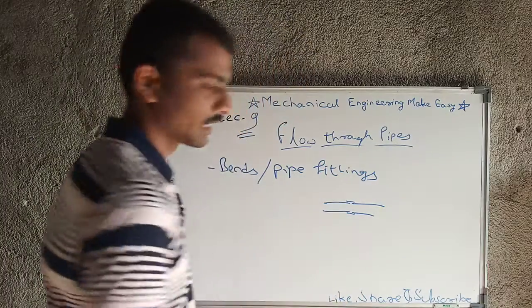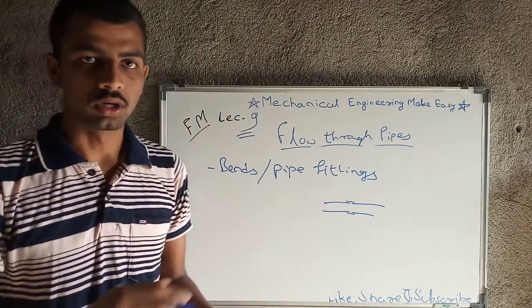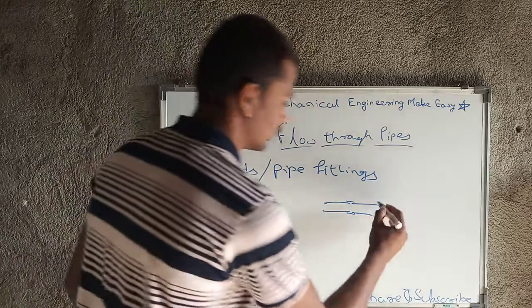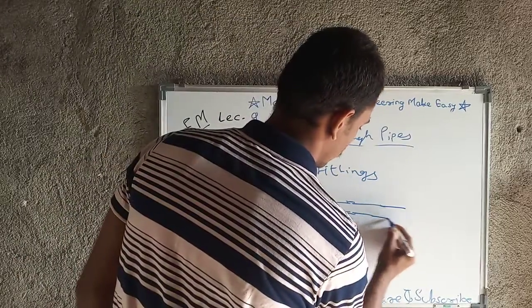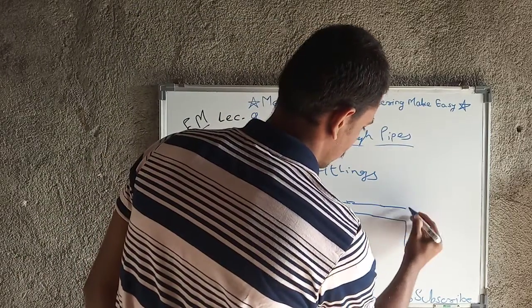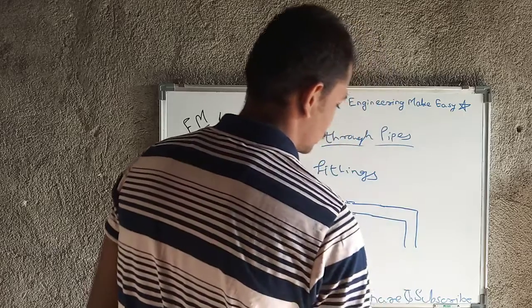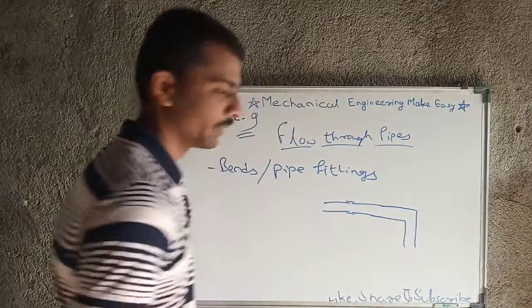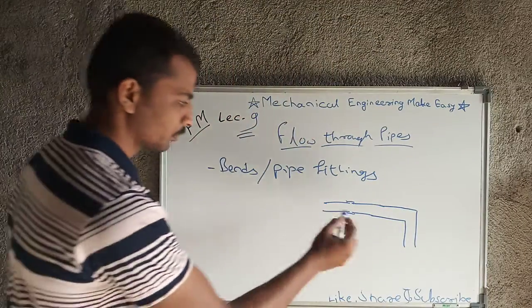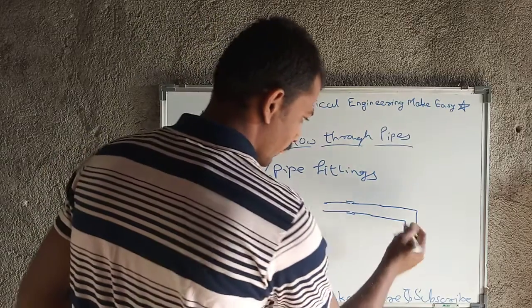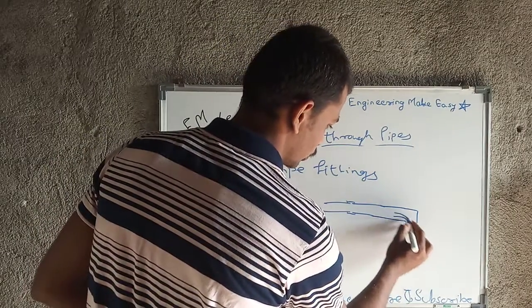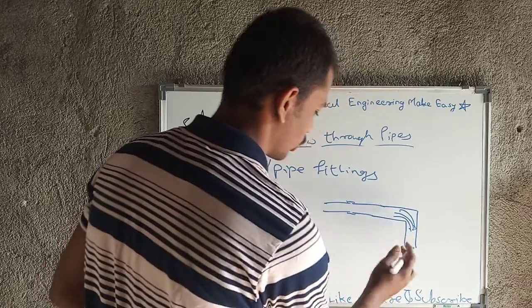And there are a number of cases where we have to bend a pipeline, like this pipeline is moving forward but we have to give a 90-degree angle to this pipeline, so we have to use a bend. Because of that, the fluid has to change its direction, so loss happens.